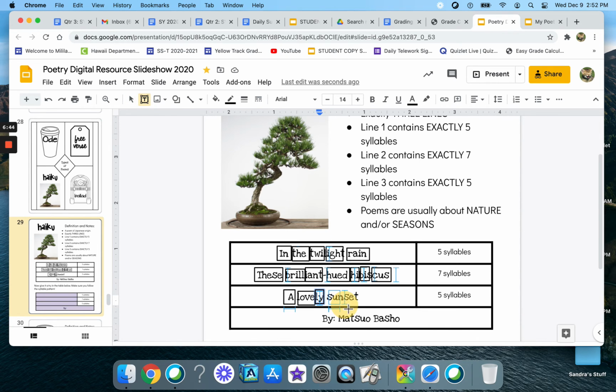Sun and set. Okay, so if you look, the third line has 5 syllables. A, love, lee, sun, set. 1, 2, 3, 4, 5. Okay, so you know that this haiku is about nature. It's talking about rain, it is talking about a flower, it is talking about sunset.